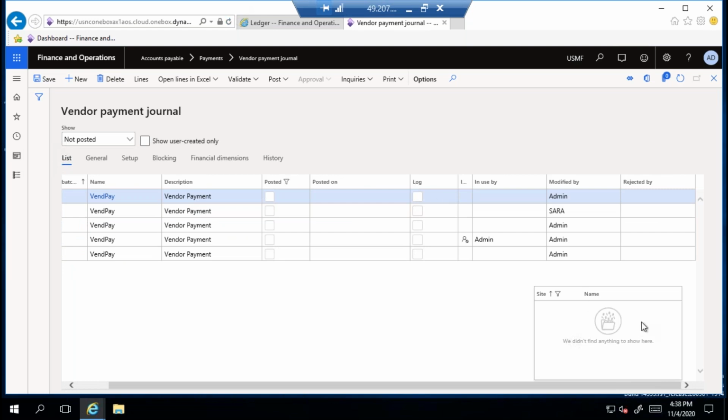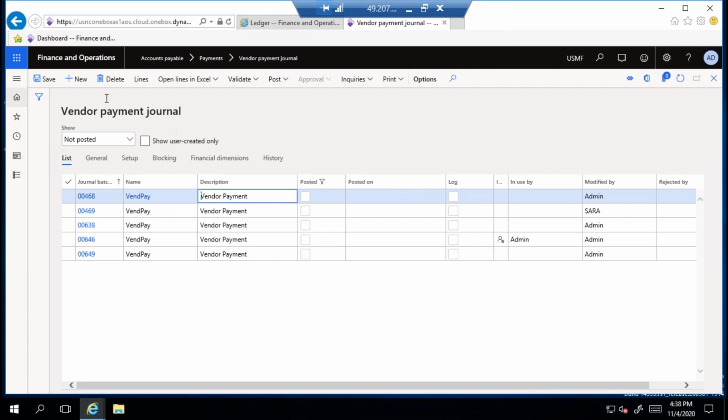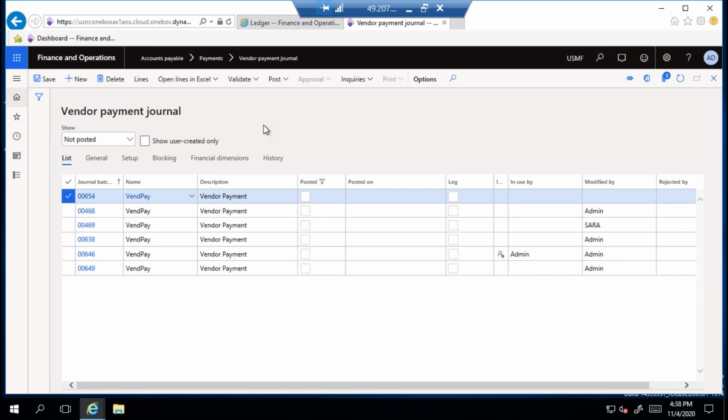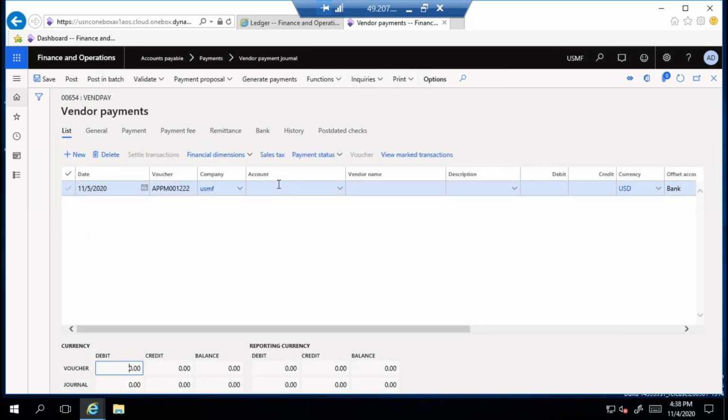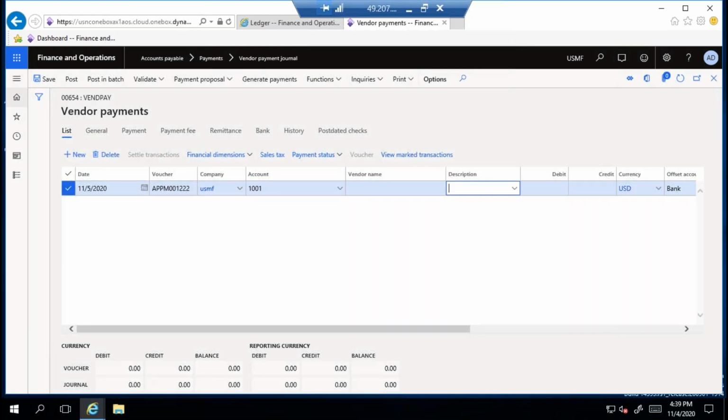Let me refresh. This screen is stuck in between. So now I'm clicking new, select the journal name, click on lines, select the vendor account, click tab.